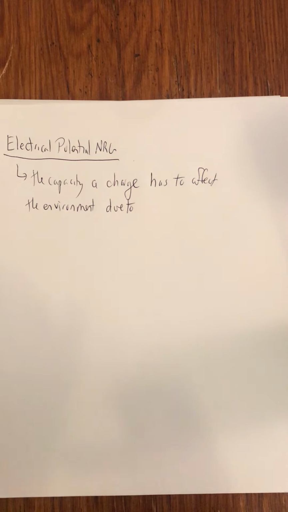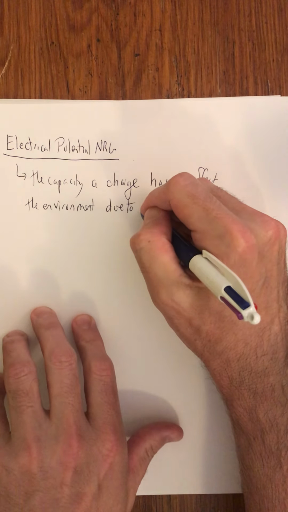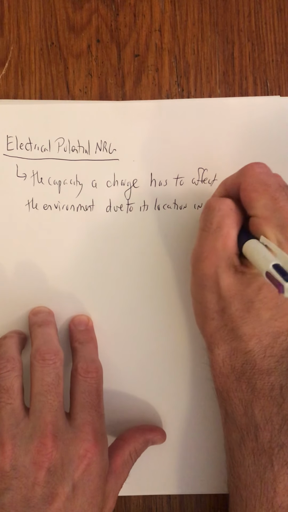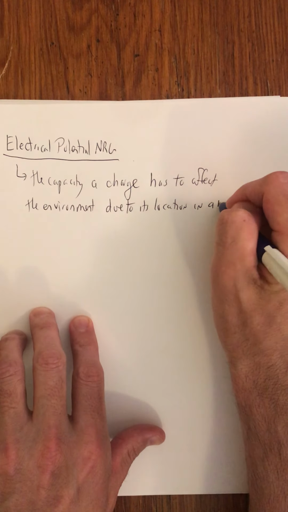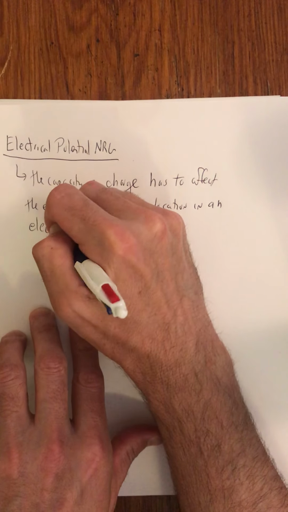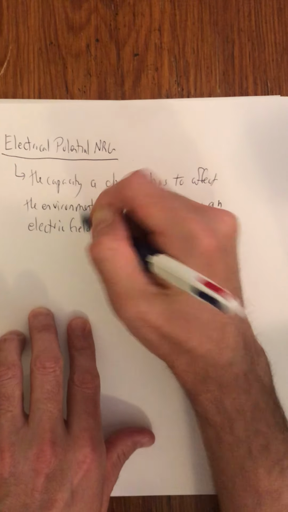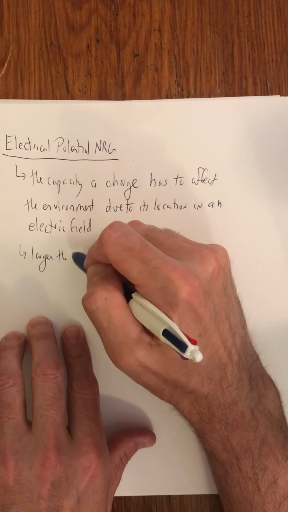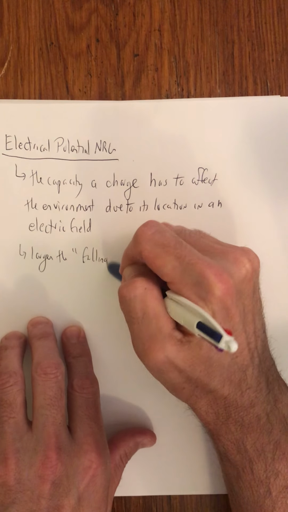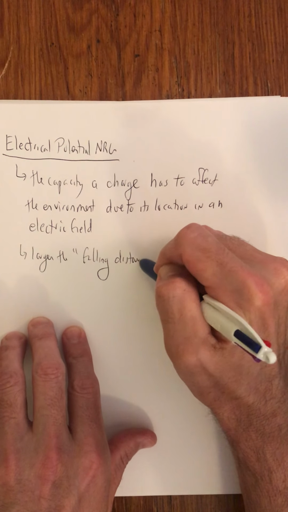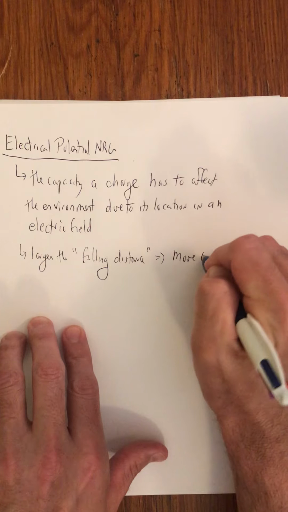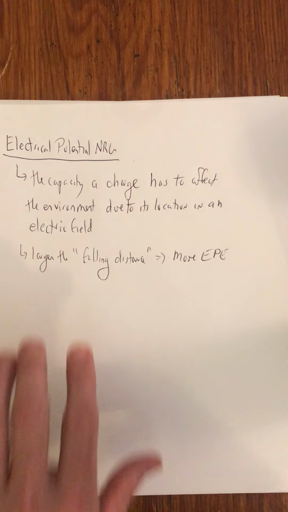A potential energy is due to location, so specifically due to its location in an electric field. Okay, and then we said that the larger the quote-unquote falling distance, that meant more electrical potential energy.